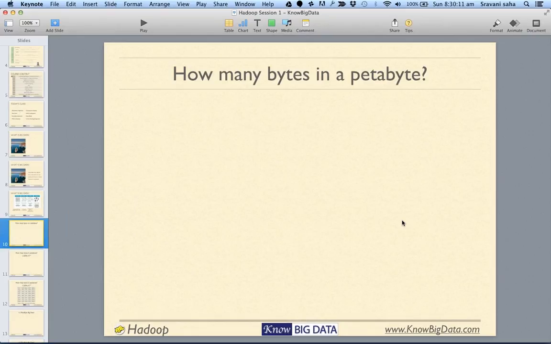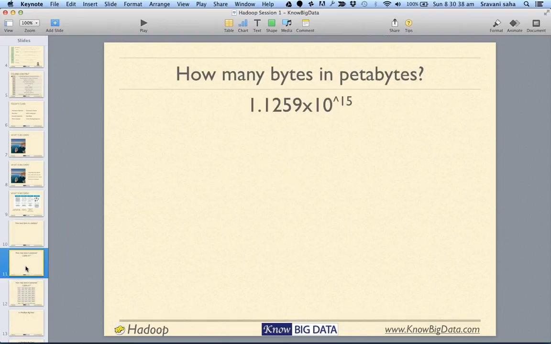Rivas says 10 to the power 12. Rafa says 10 to the power 15. And Raghavendra says 1024 terabytes. Raghavendra is being very precise. Great, great. So the best way to answer it is to say 1024 terabytes.